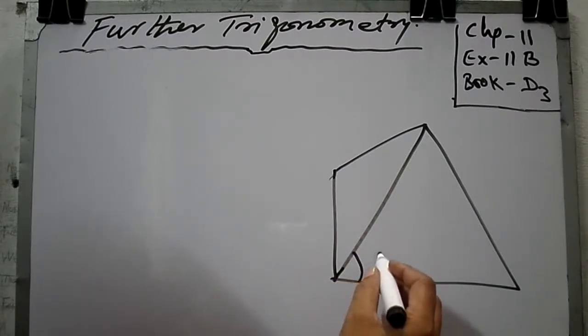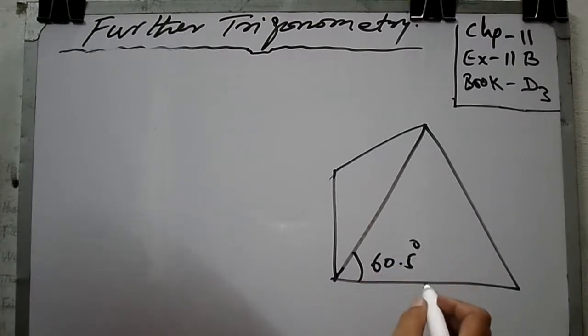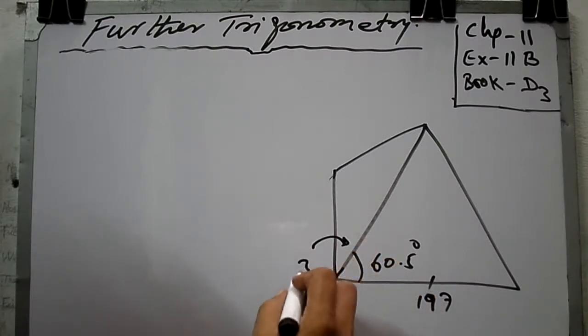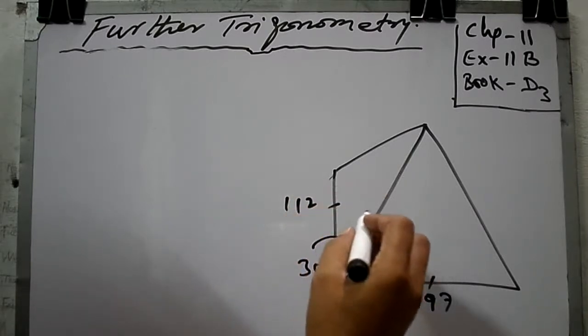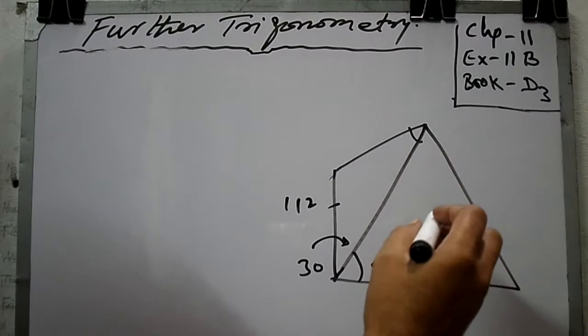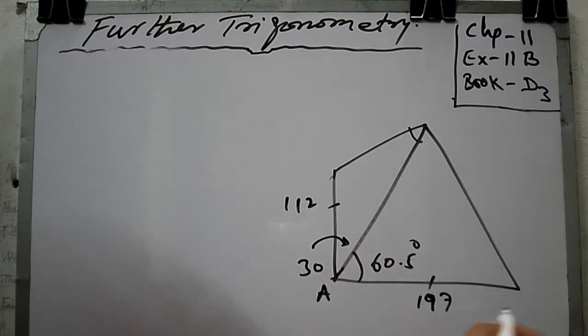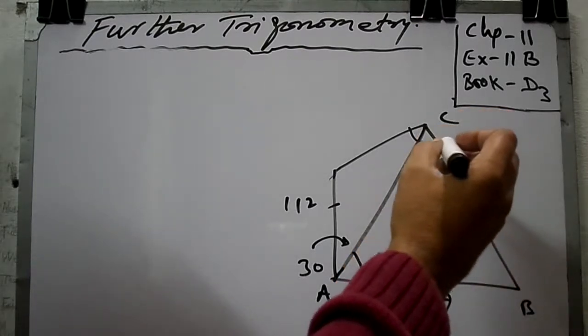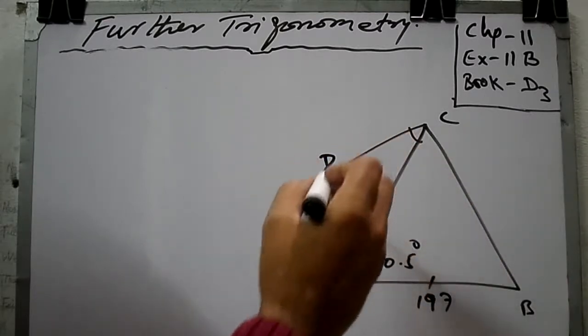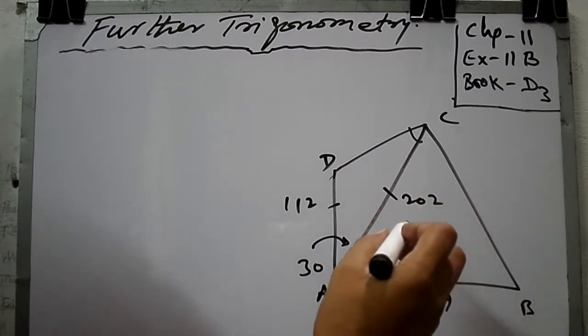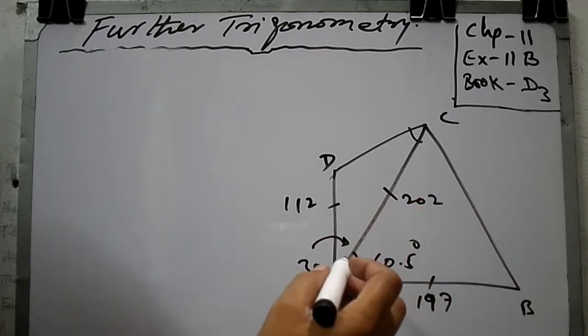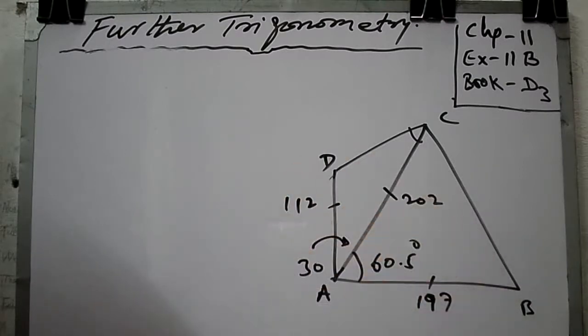This one is equal to 60.5 degree, that is 197, and this angle is 30, and this side is 112, and let me say that is your A, B, C, D. We have given the name, so that is your 202, and that is your 112. So this is the given figure.